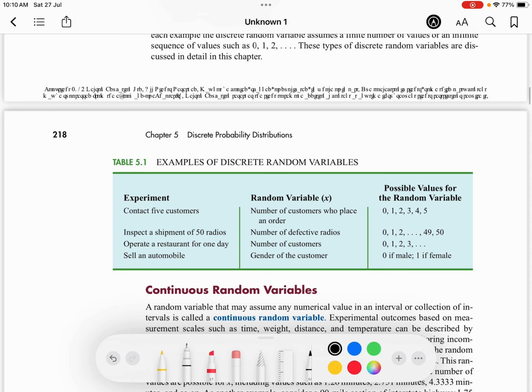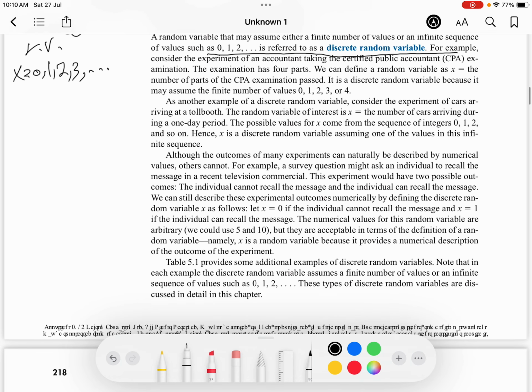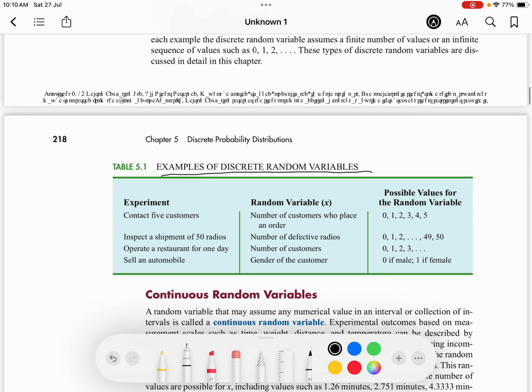Here we have experiments with discrete random variables. Experiment: contact 5 customers. Random variable: number of customers who place an order, which is 0, 1, 2, 3, 4, 5.